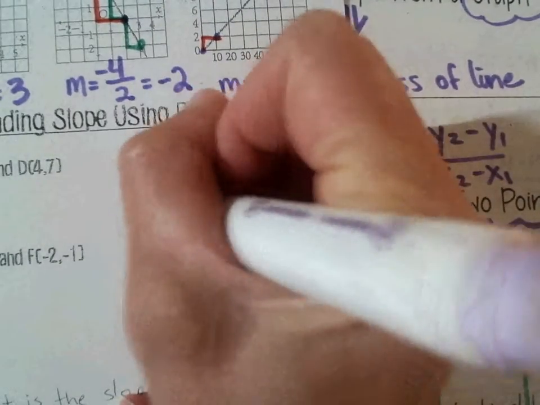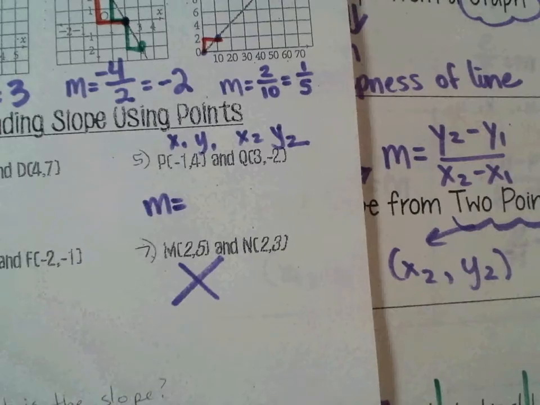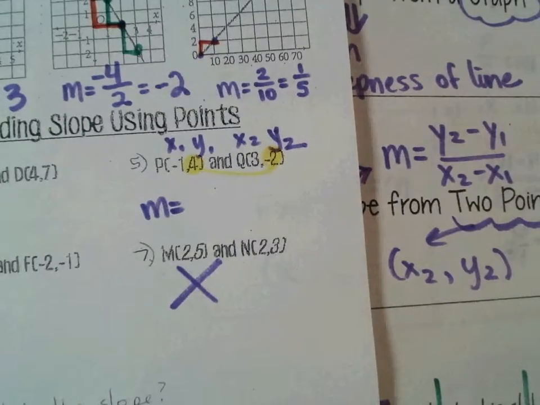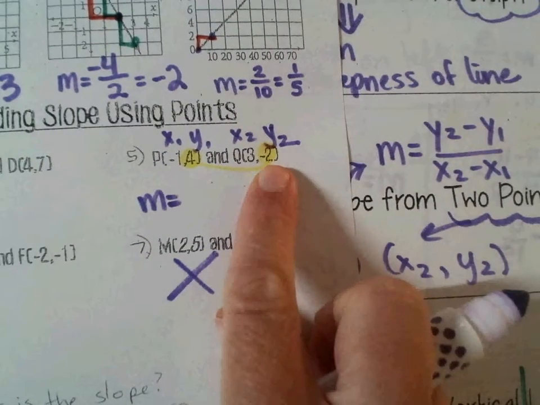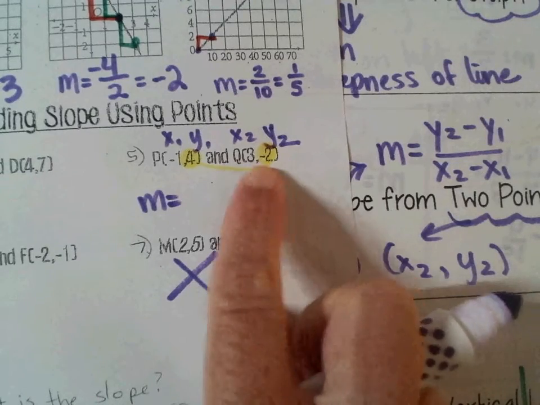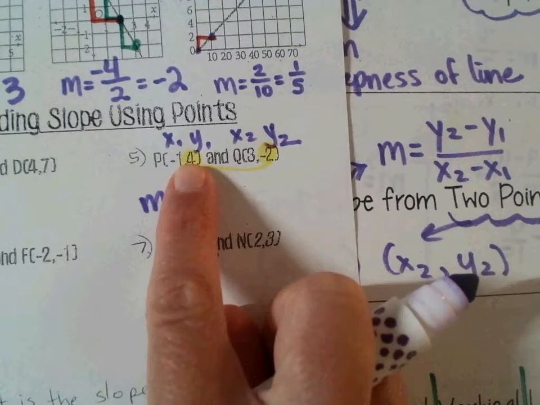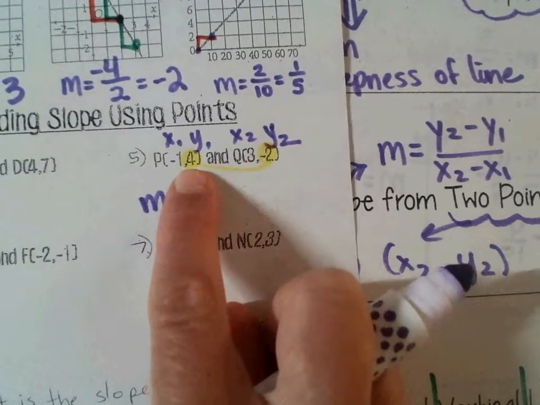So it's m equals, you have to take your y minus your y. And I start here and I go here. So it would be what minus what? -2 minus, what number? -2 minus 4.